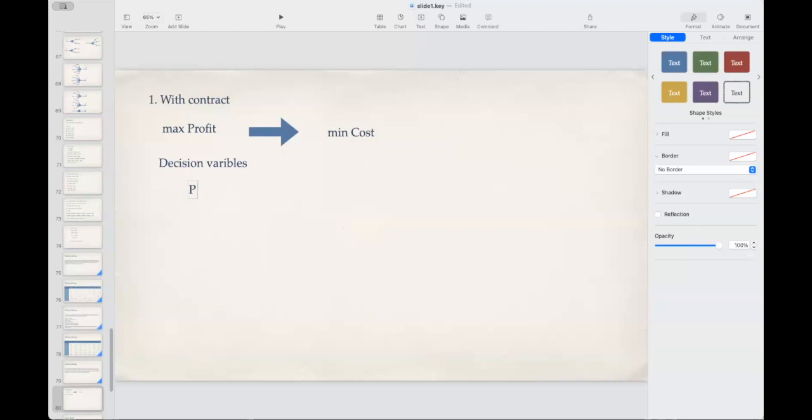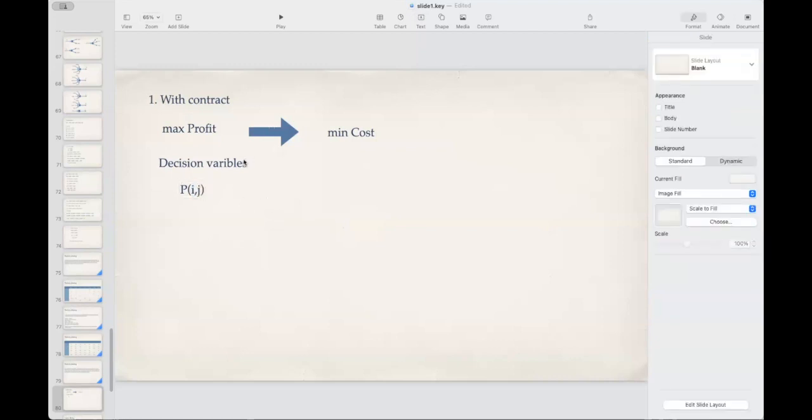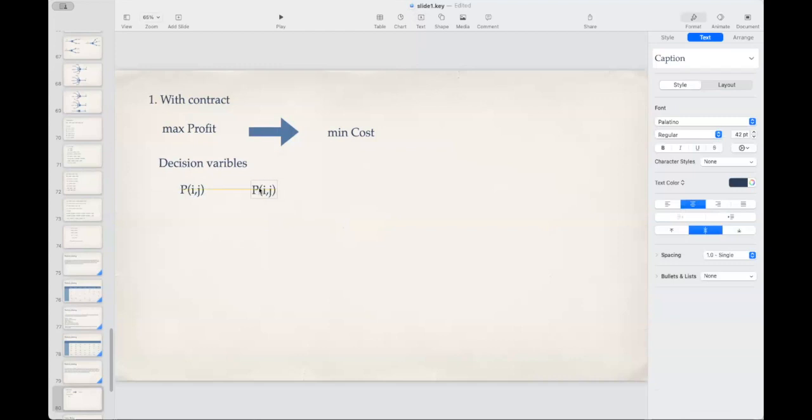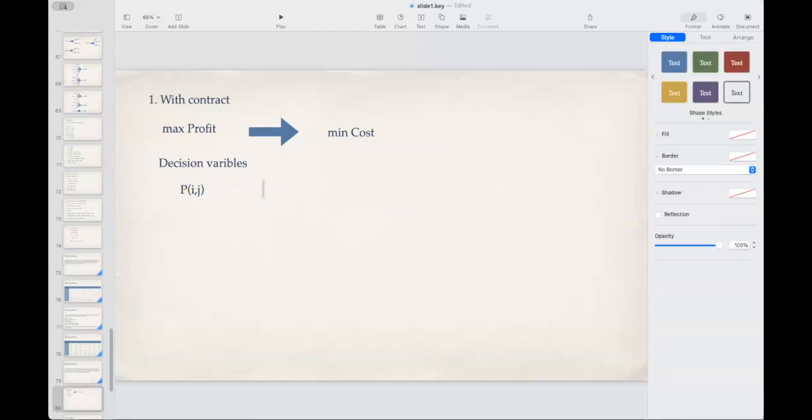We can use P_ij, right? Where I stands for what? Product or month?